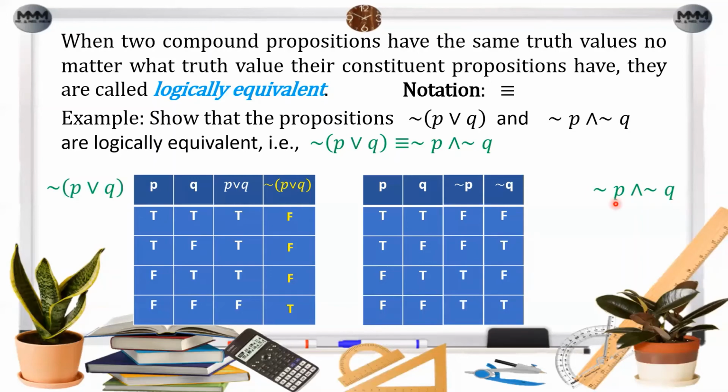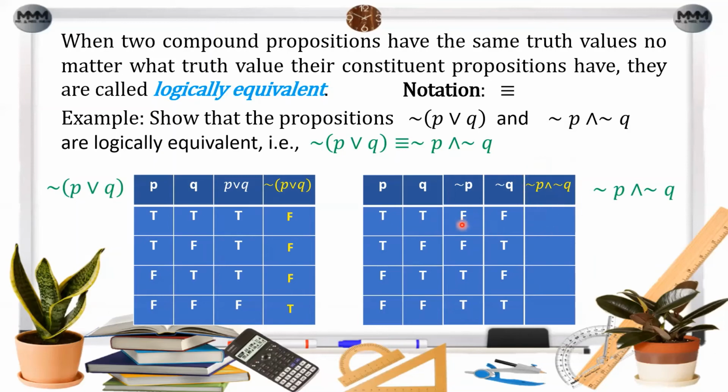So we will be constructing the last column for this compound proposition. Since we're done finding the truth values of not P and not Q, we will connect them by using the connective and. As I have said a while ago, when we say and, it's very strict in terms of its truth value. It should be that not P and not Q are both true so that this compound proposition becomes true.